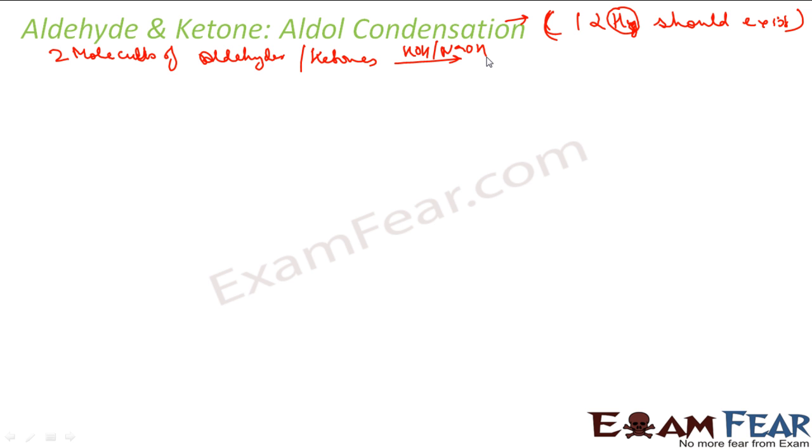The name aldol: ALD stands for aldehyde, and OL stands for alcohol. So this is aldol condensation, because the product you get is alcohol, and you get it from aldehyde.